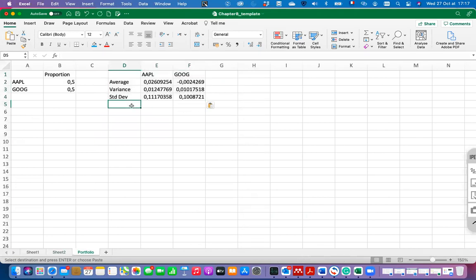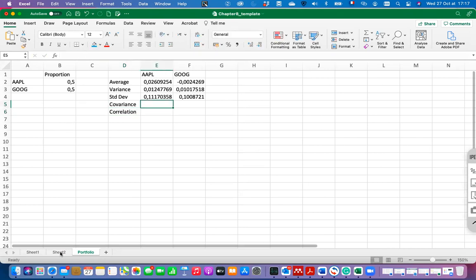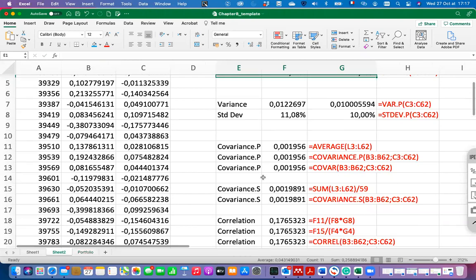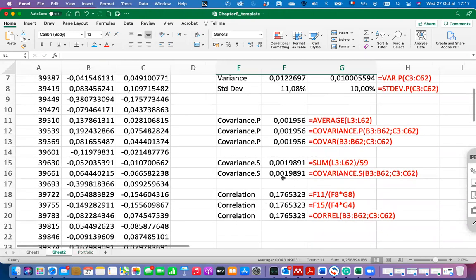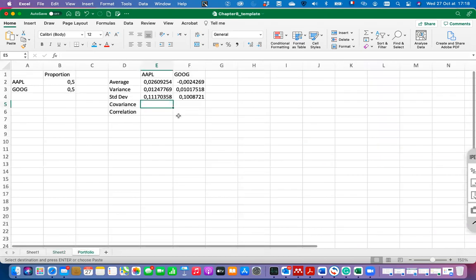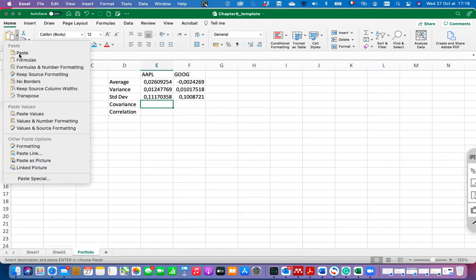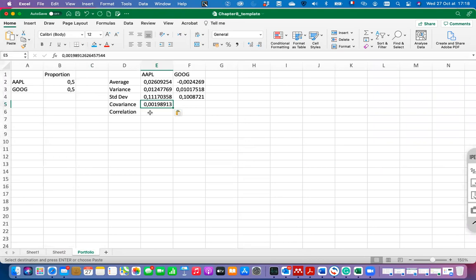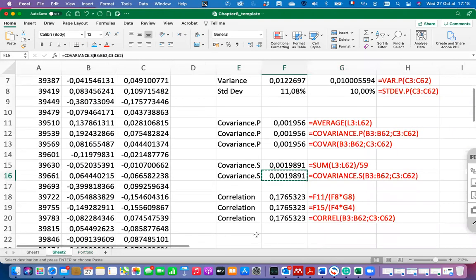And I will add the covariance here. And sorry, the correlation coefficient. So I will use the sample one, covariance sample, this one, copy, and go here and just paste the values. And finally, the correlation, same thing.